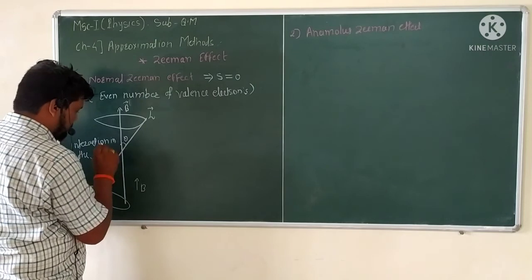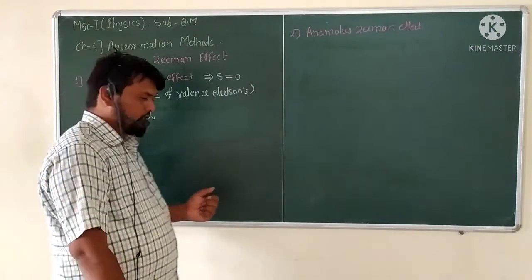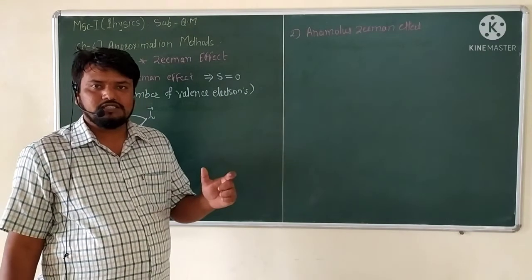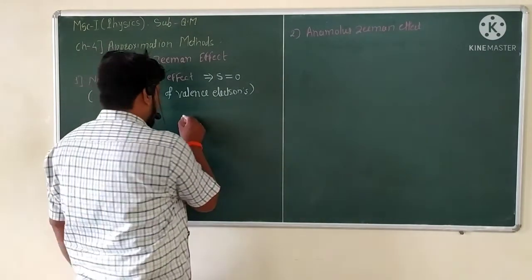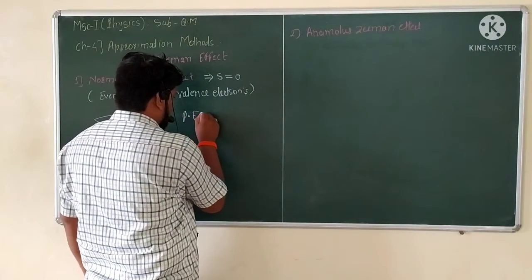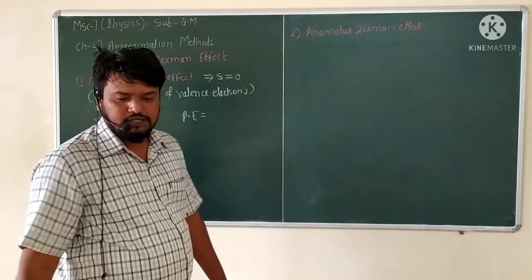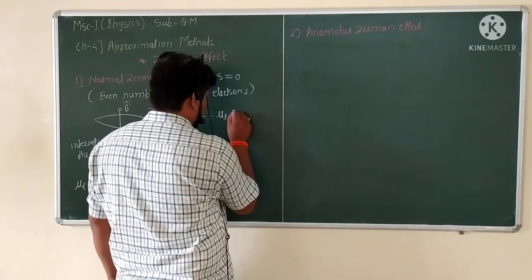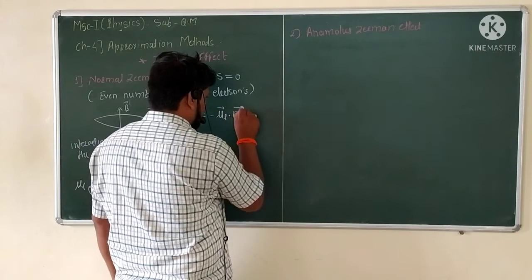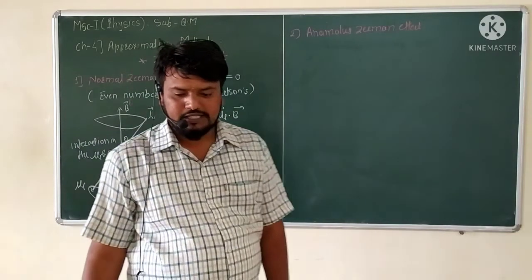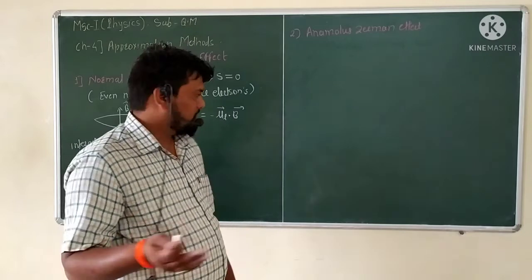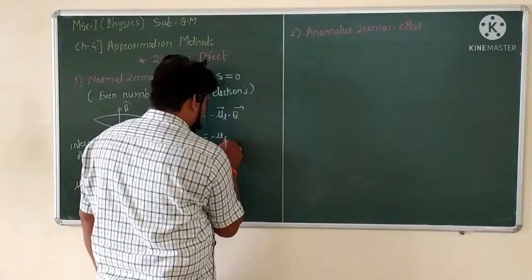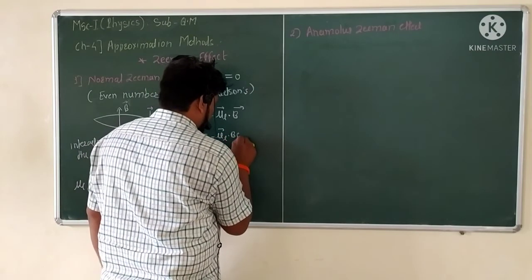If we want to calculate the perturbation energy, first of all we have to know the potential energy of the normal Zeeman effect, which is the interaction mu L dot B, by applying the magnetic field. This magnetic field component is B cos theta, so the potential energy is mu L dot B cos theta.